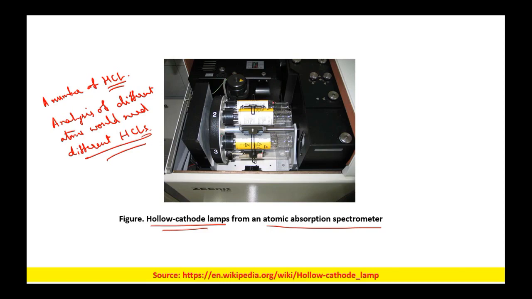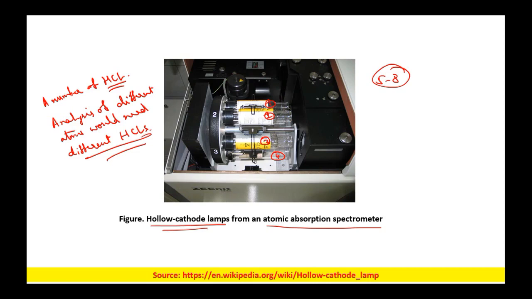If you see in this picture, you can see 1, 2, 3, then 4. So likewise, you have at least 5 to 8 hollow cathode lamps, and these can be replaced easily.